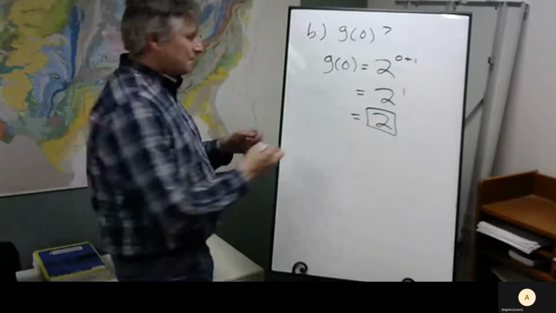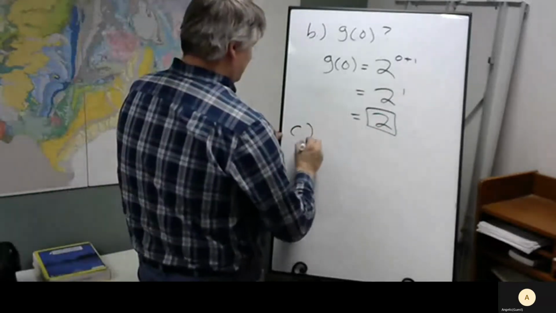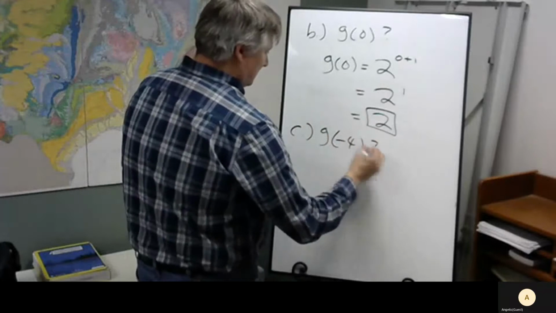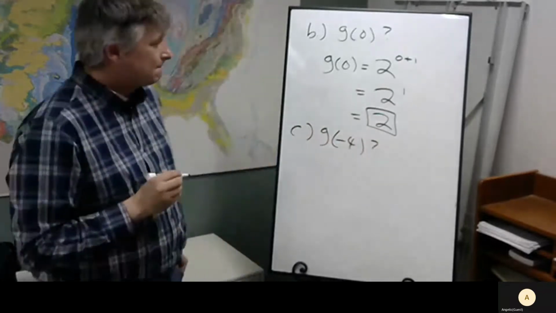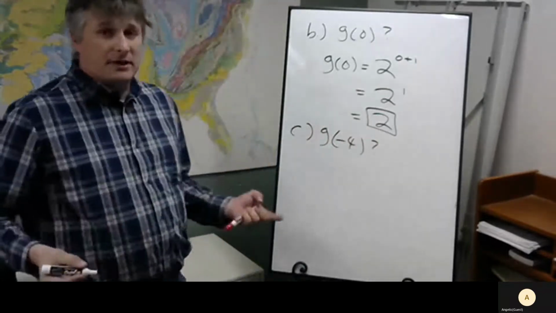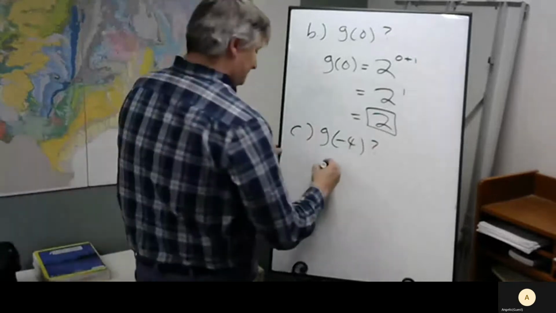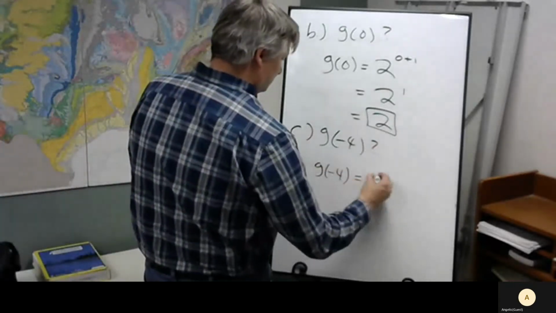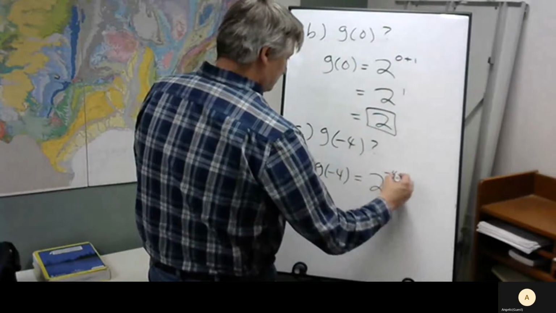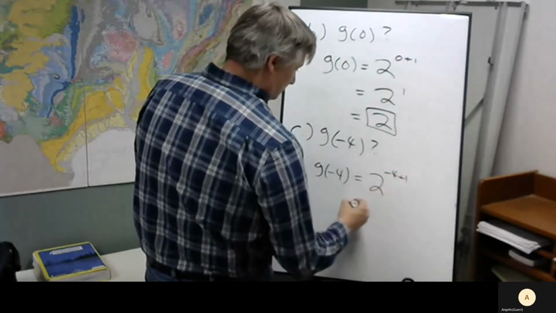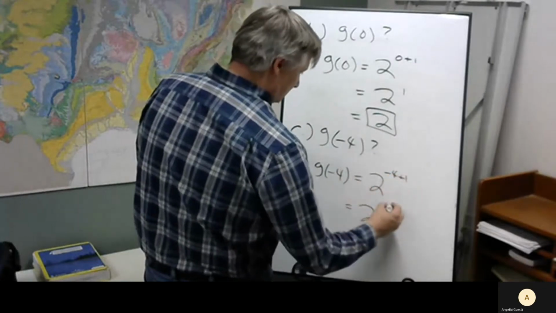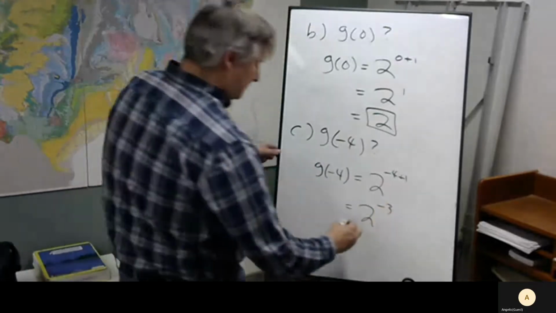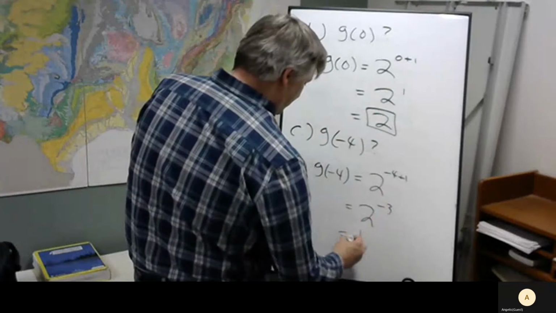So let's say we have g of negative 4. We'll again replace all the x's with negative 4. We want to remember, when dealing with these negatives, we're going to flip it.